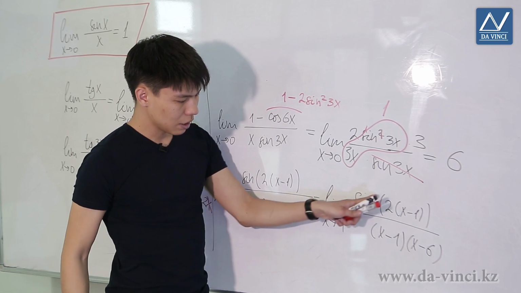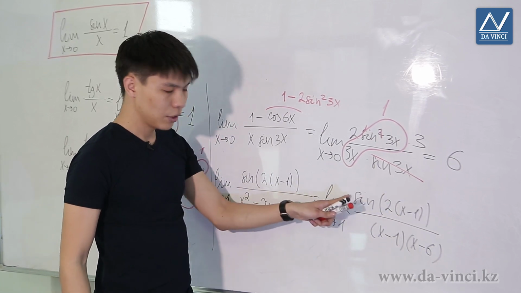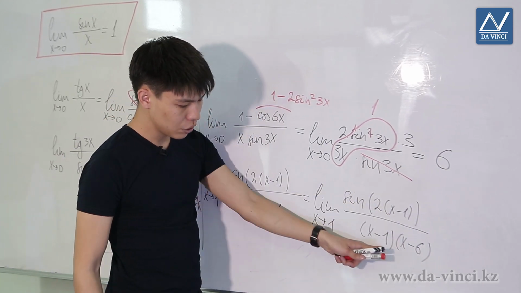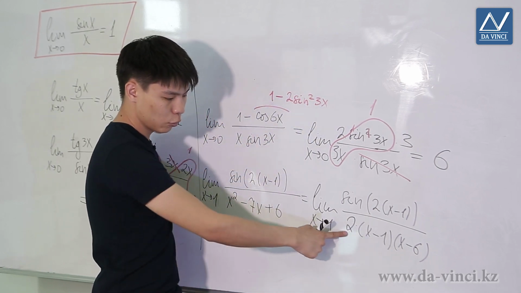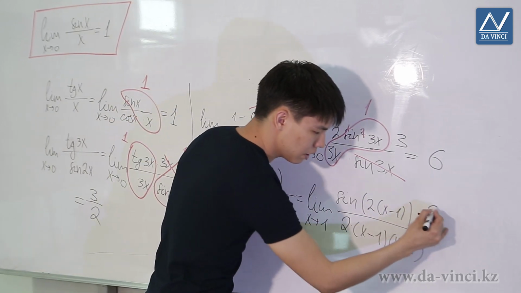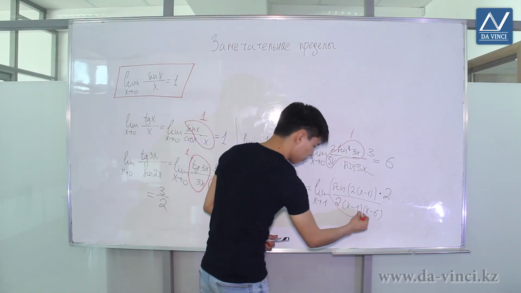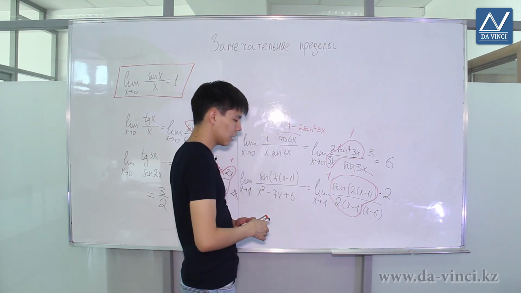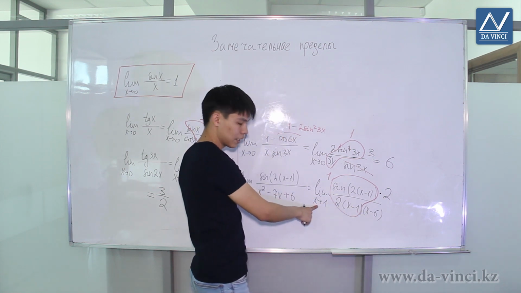With x tending to 1, the sine turns out to be equal to 0, so we can reduce it to the first wonderful limit. Here is 2x minus 1. Here is just x minus 1. There is a lack of 2, so I'll just add it, multiplied below, multiplied above, so that nothing changes. Now, this expression, this again is the first wonderful limit, and it is equal to 1. It remains 2 divided by x minus 6.